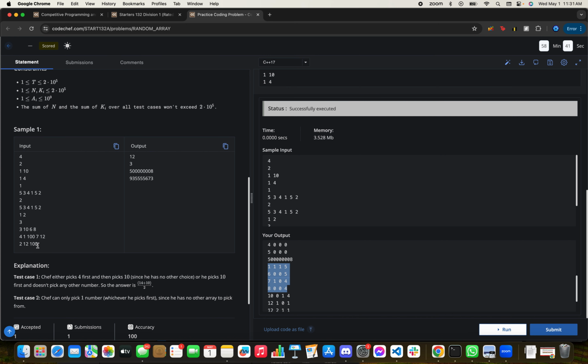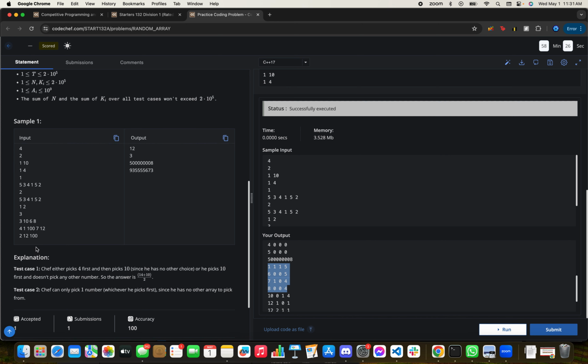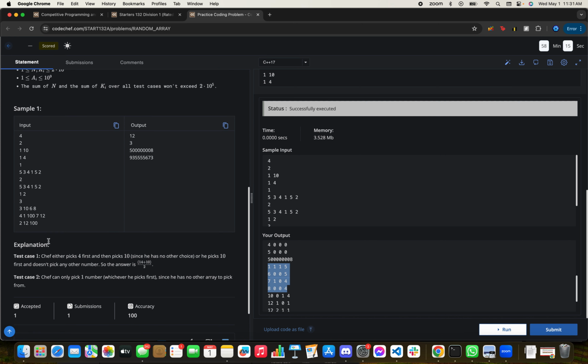The 7 can reach 1, 2, 3, 4. The 8 can reach 1, 2, 3, 4. The 10 can reach 1, 2, 3. Actually, no. 1, 2, 3, 4.